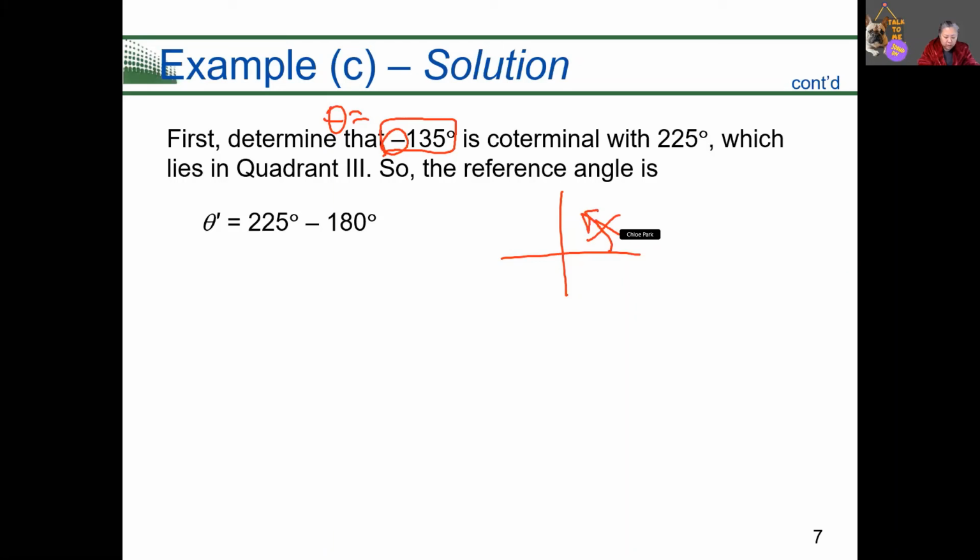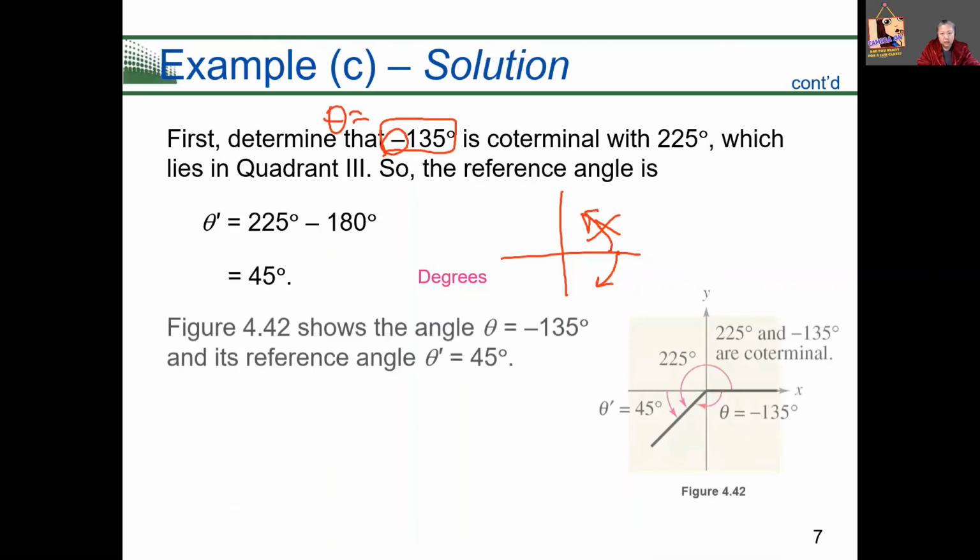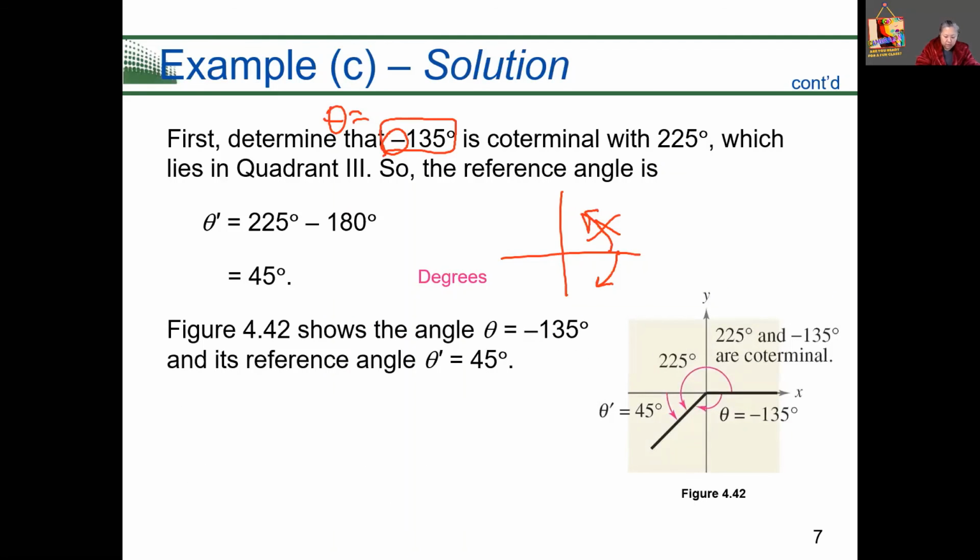I have to go down, right? Let's see the diagram here. To measure -135, I start here and go clockwise 135. So I go -90, and then I have to go -45 more.